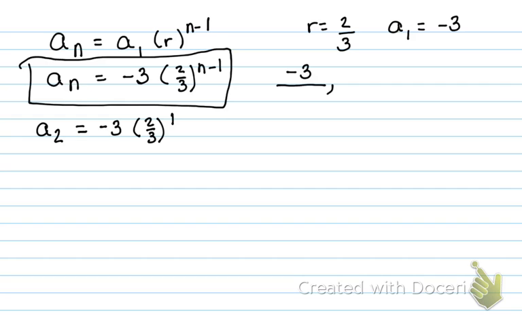So now we simplify that down. We end up with a sub 2 equal to negative 3 times 2/3 to the 1, which is just 2/3. We multiply that, the 3s cancel out, and we end up getting the second term as a negative 2. So our second term is negative 2.